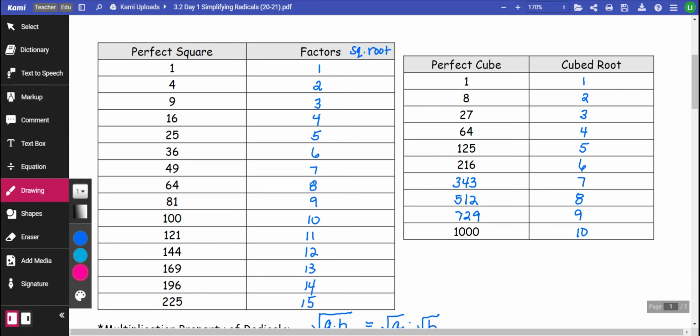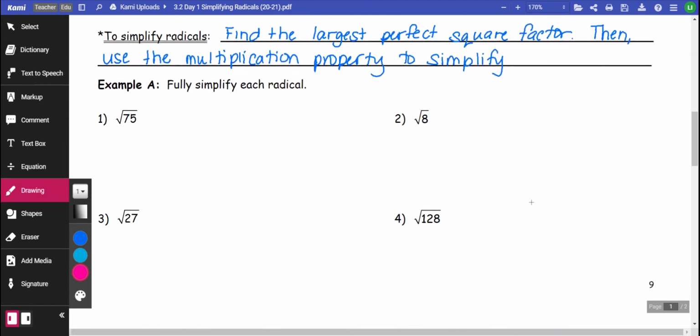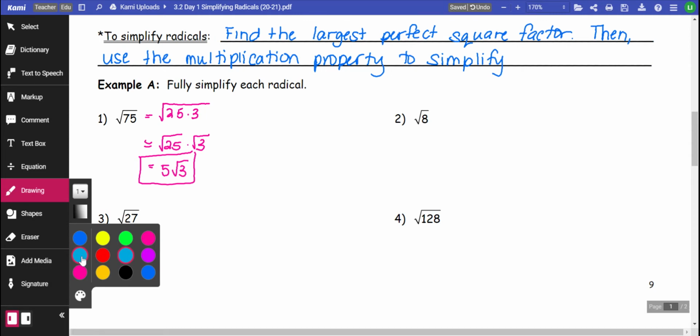The largest number that's going to divide into 75 is 25. So it's the square root of 25 times 3. I can use my multiplication property now to separate these: the square root of 25 times the square root of 3. The square root of 25 is 5 with the square root of 3 left over. And there's my simplified radical.